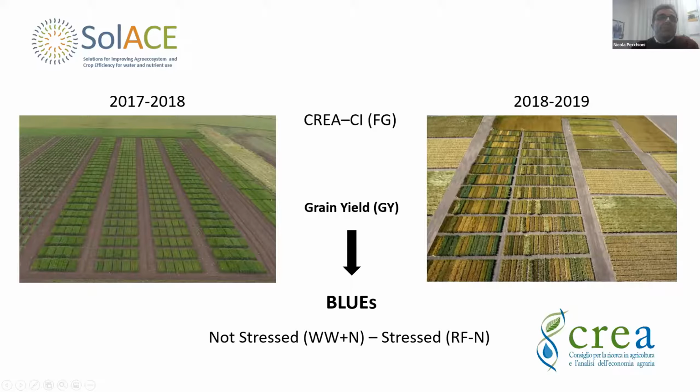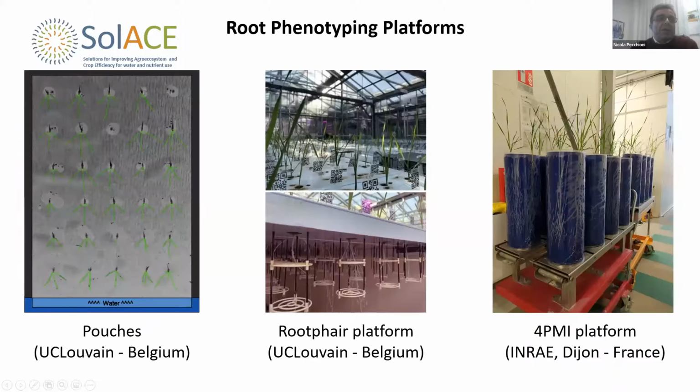So with these data sets, we also used traits from 4PMI and from pouches to evaluate the possible insertion in the models of genomic selection.